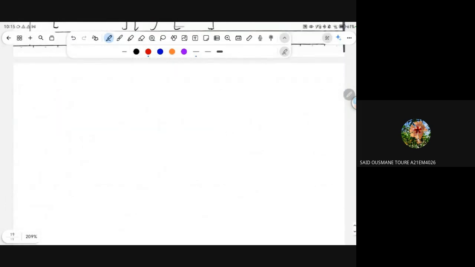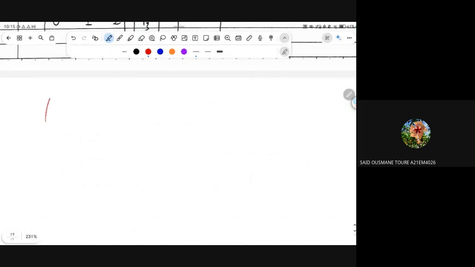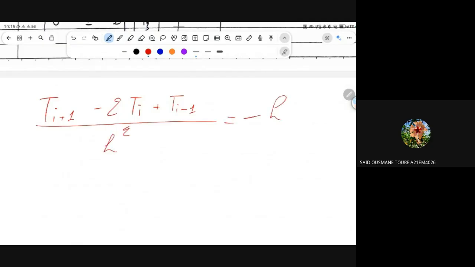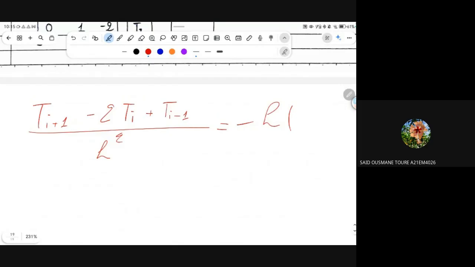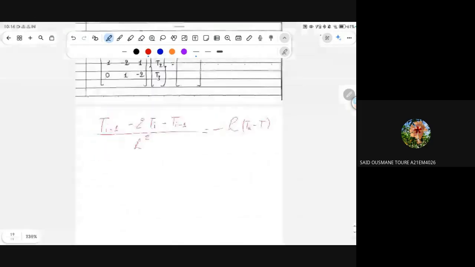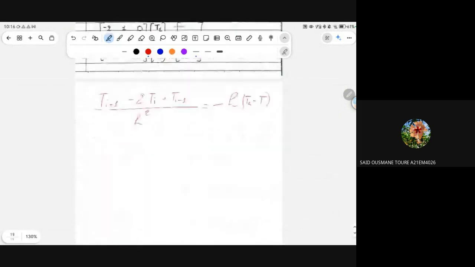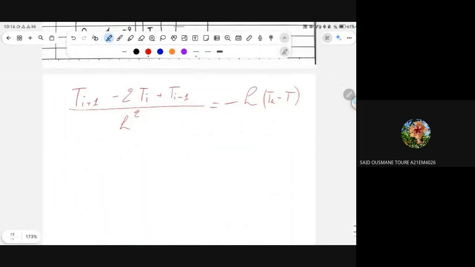We have here Ti plus 1 minus 2 Ti plus Ti minus 1 over H square equals to minus H (TA minus T). I believe that's it. So what did I do from here?